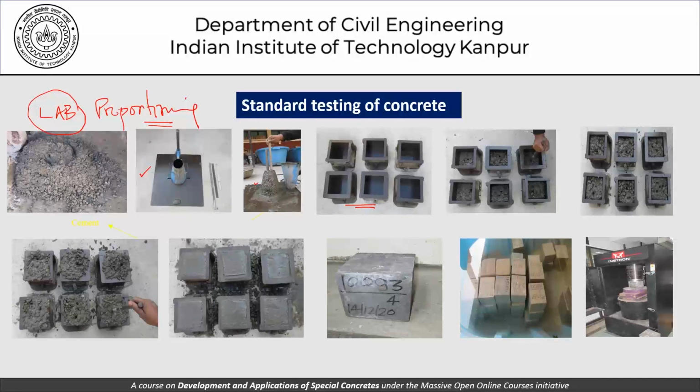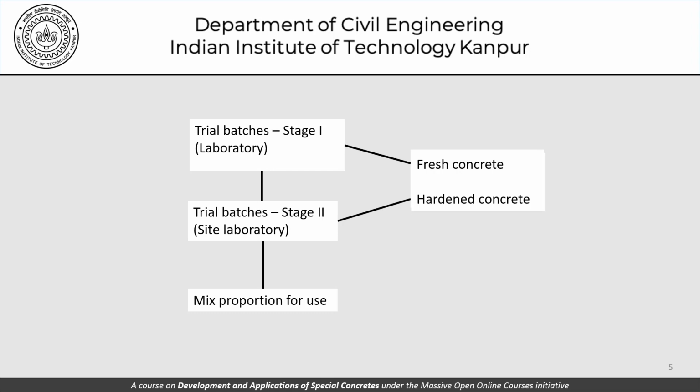Tamp them the way it is shown here, finally get cubes, demold them, cure them, and test them. So this helps you recall the normal process where concrete proportioning is done, the mix is determined, and the concrete is said, okay, this is the mix that we will use for carrying out a normal construction.